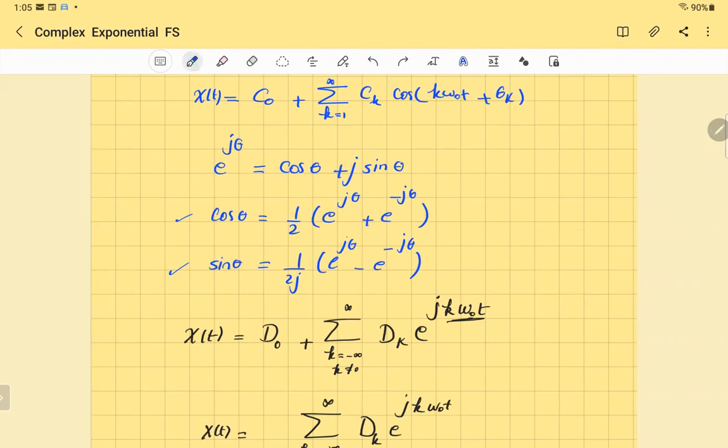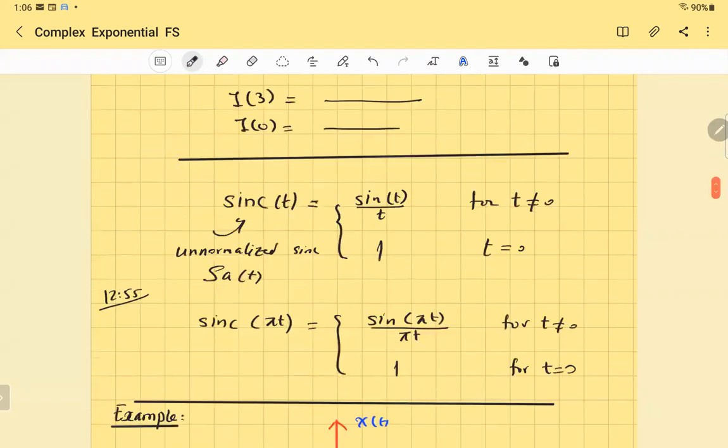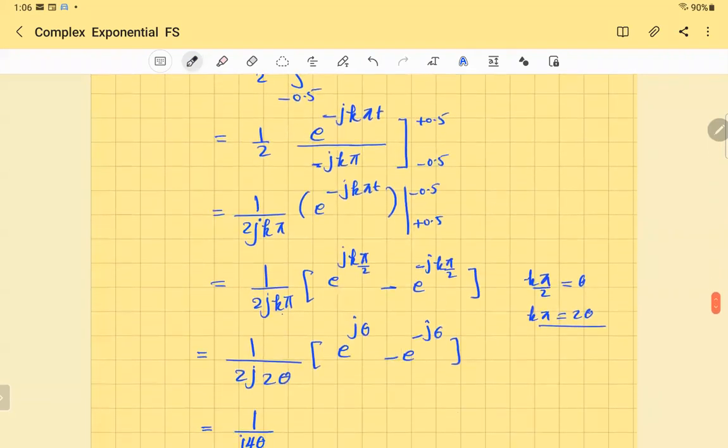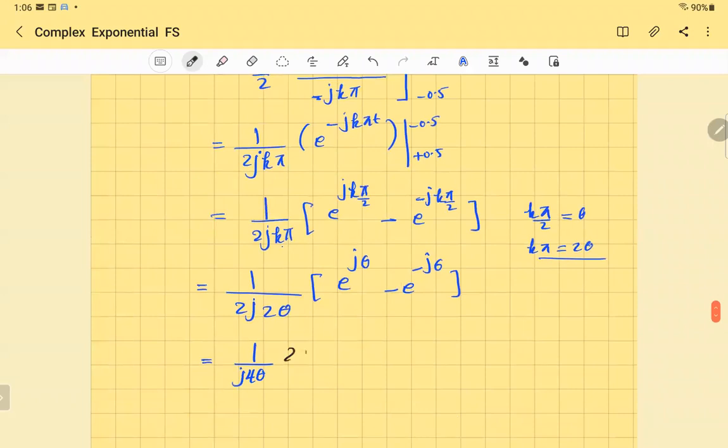From this formula, I can say that e power j theta minus e power minus j theta is equal to 2j times sine theta. All right. So it's equal to 2j sine theta.